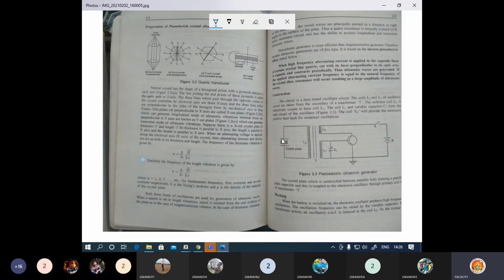Consider these as the electrodes, through which the supply will flow. Here T stands for the transformer. This is mutual induction, so this is a coil and these two are also coils.